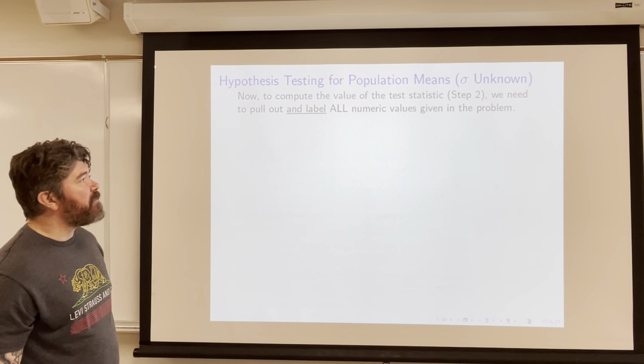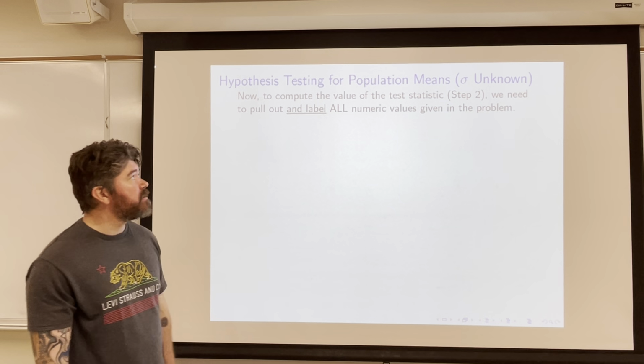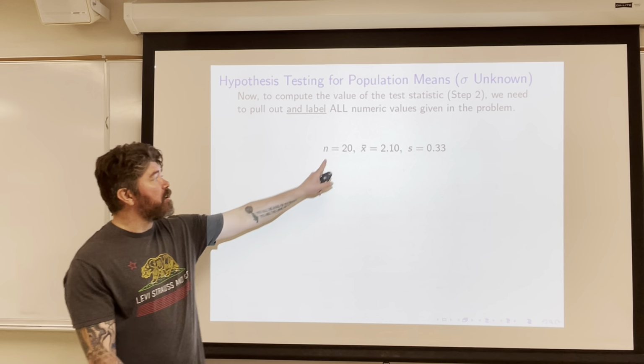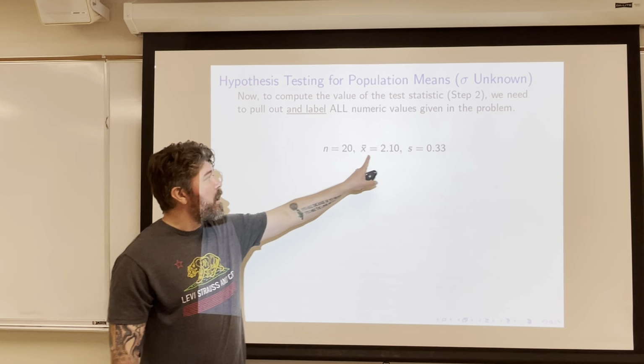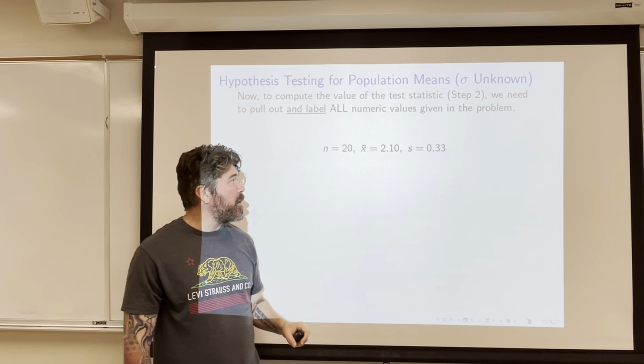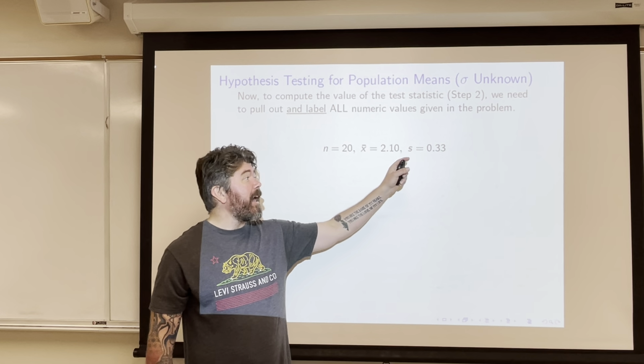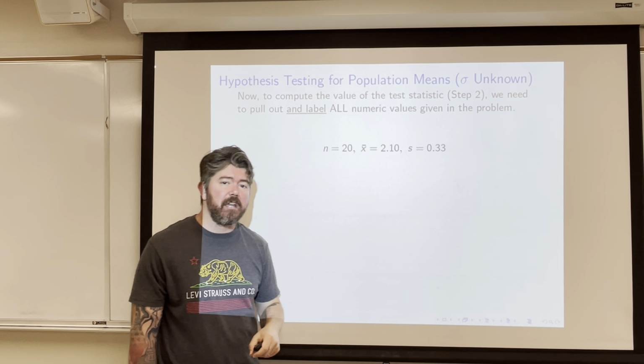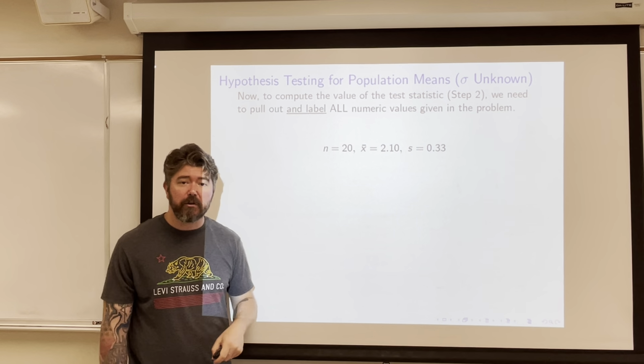Now, to compute the value of the test statistic, we need to pull out and label all numeric values. So in this case, our sample size was 20. Our sample mean was 2.10 pounds. And again, notice that we're given the sample standard deviation in this problem, 0.33.